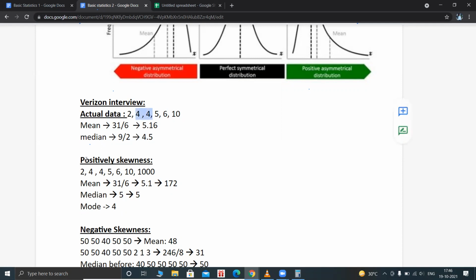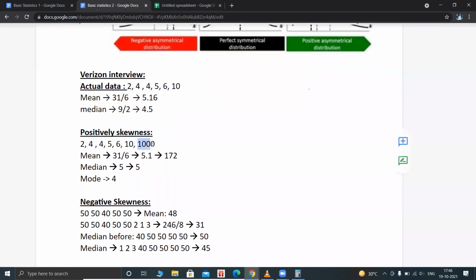See here, guys, positive skewness is nothing but this: if I add 1000 to this particular data, these are my actual data points, but I have added 1000 to it. Now the mean earlier was 31 by 6.